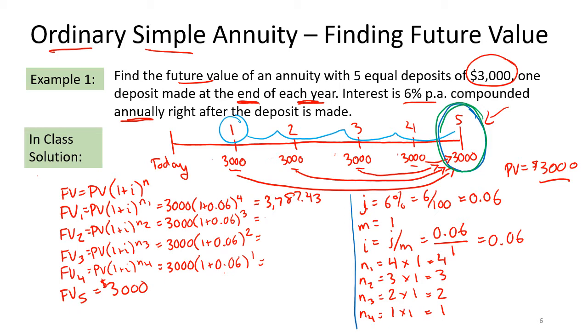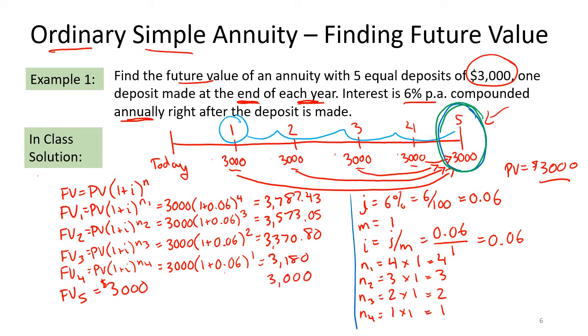For the second one, you get $3,573.05. For the third term, you get $3,370.80. And for the fourth deposit, you get $3,180. And remember, your fifth deposit, which was already calculated, was $3,000.